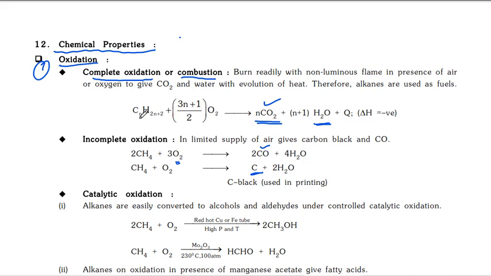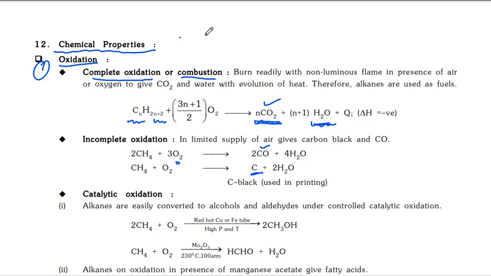Now first, if excess oxygen is there, whatever number of carbons are there, that many carbon dioxide molecules are forming. Whatever hydrogens are there, half that many water molecules are forming.